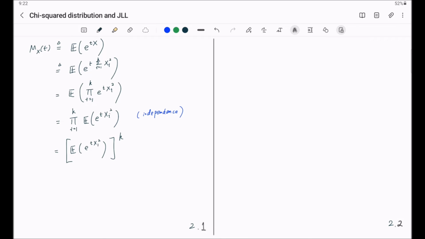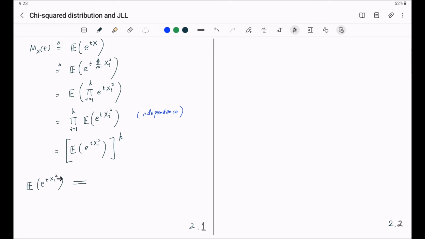And now this question boils down to the computation of just the expectation of e to the power t times X_1 squared.